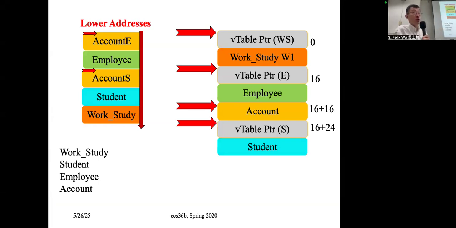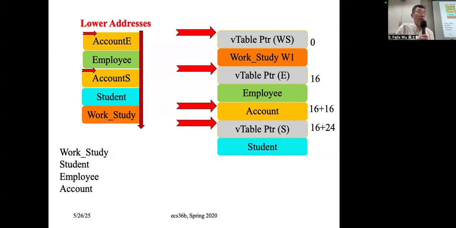This one was drawn without the virtual function. If there were a virtual function, I would add another vtable pointer between the green box, which is employee, and the yellow box, which is account. This is showing the layout before we add the virtual function. You can see that the memory is compact compared to multiple inheritance.